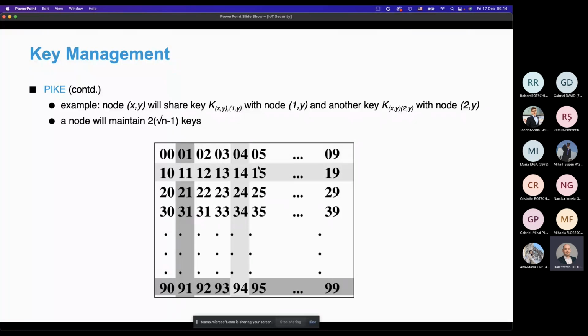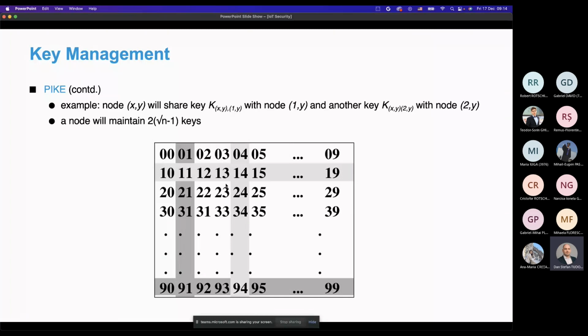This figure shows a sample virtual ID space for 100 nodes, a 10 by 10 matrix. Each number represents the ID of a node: ID 0, 1, 2, 3, and so on for the first 10 nodes, up to 99.